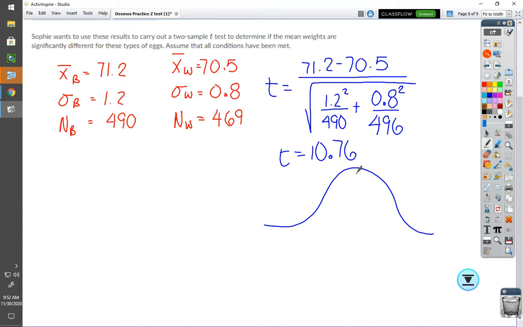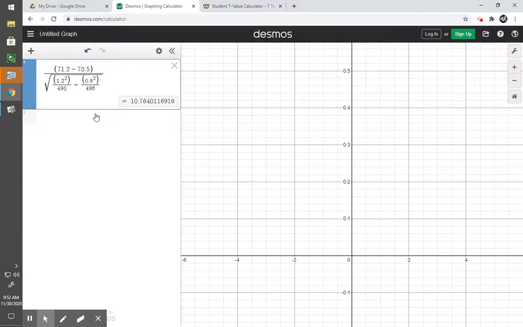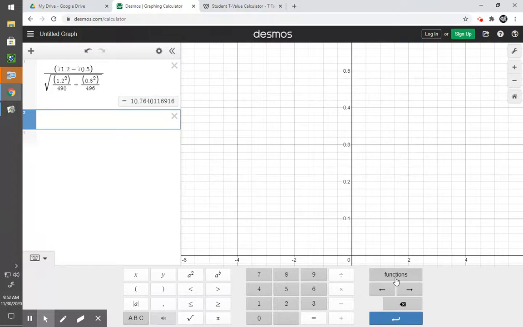We can almost make the guess that it's going to be basically 0 when we round it, because 10.76 is far removed, and we're testing to the right-hand side. But again, I'll go to DESMOS, and I'll do these calculations. So I will go down to my functions. I will choose a t-distribution.